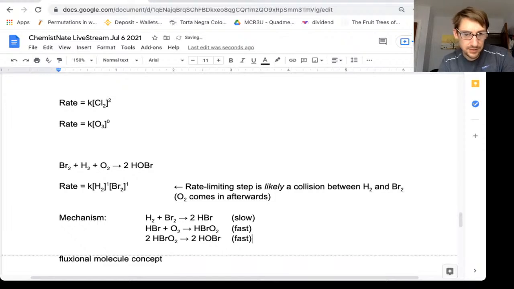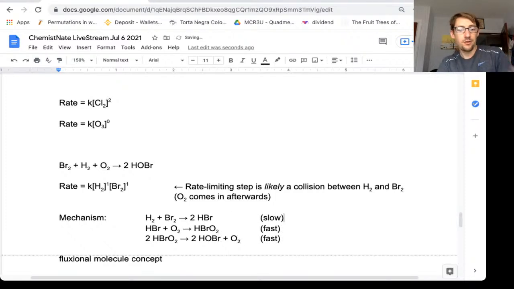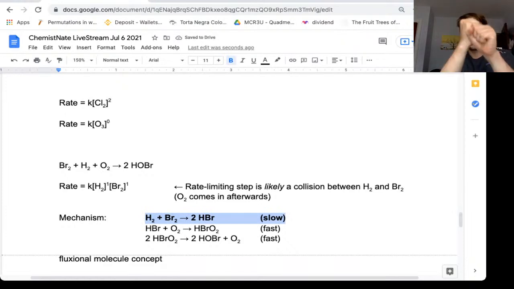And I guess we would get an O2 out of that as a product as well. I'm literally just making up a mechanism. What matters here is that the rate law corresponds to the slowest step of the reaction.